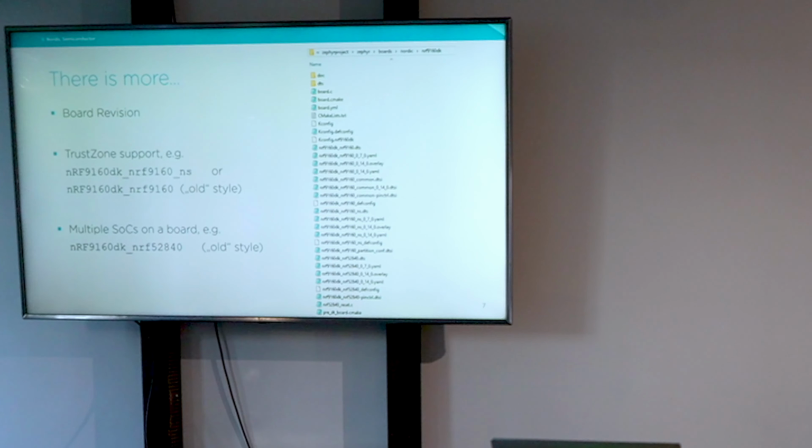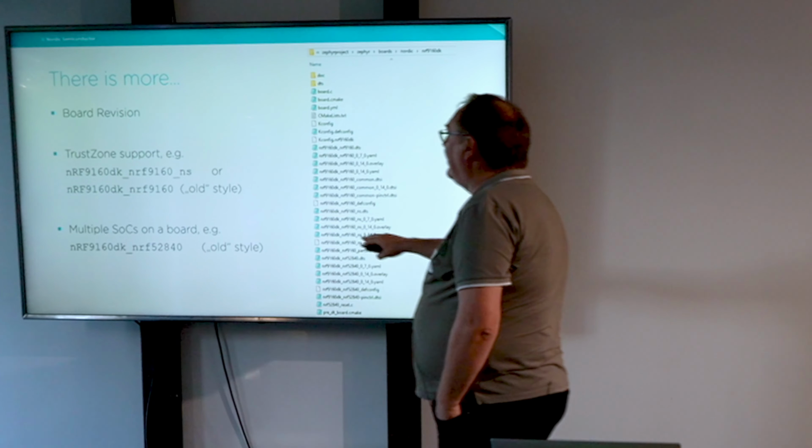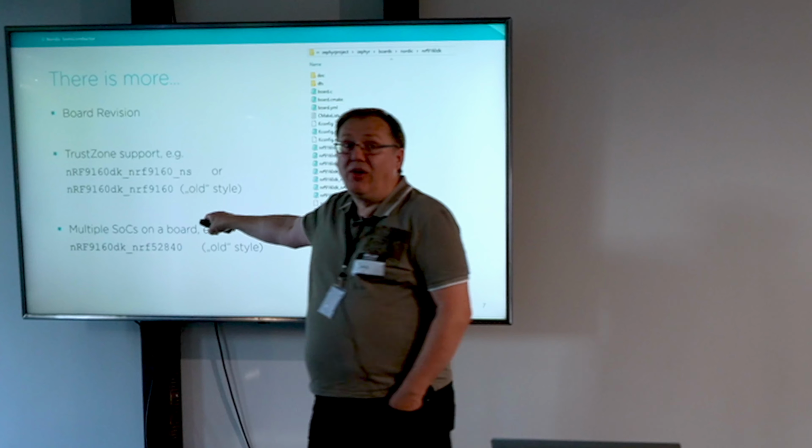The naming convention is quite unusual, because you have to name your files with NS for a non-secure application if you want to create a secure application using TFM, which is a little bit hard to understand. So for the 9160, we do it the old style.